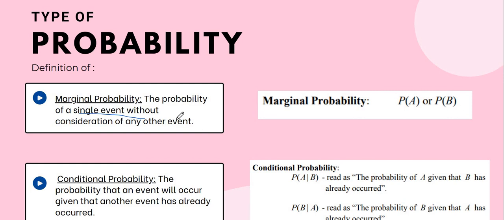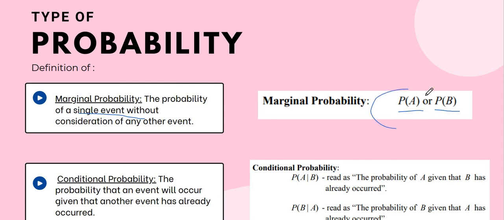That's why in the previous video I said that independent and dependent events relate to probability.